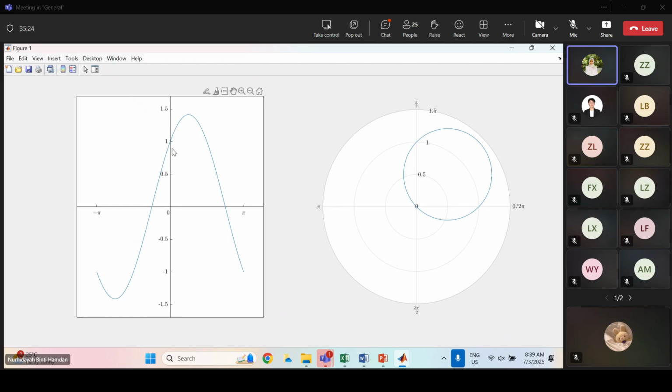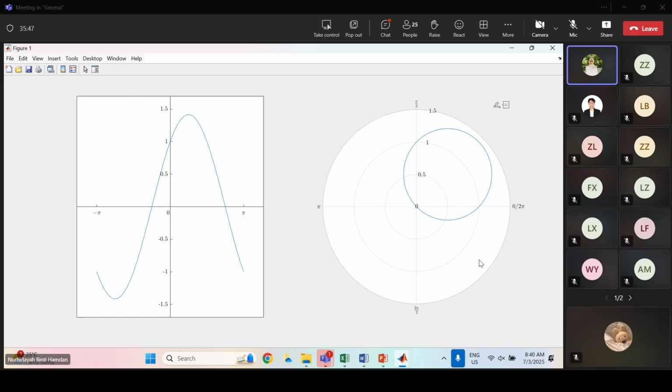Some of you will ask me, does every mathematical graph have to be in LaTeX? For all mathematical graphs, you have to change the title and axis in LaTeX. Everything in LaTeX.